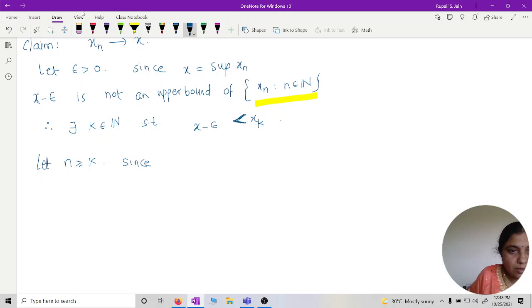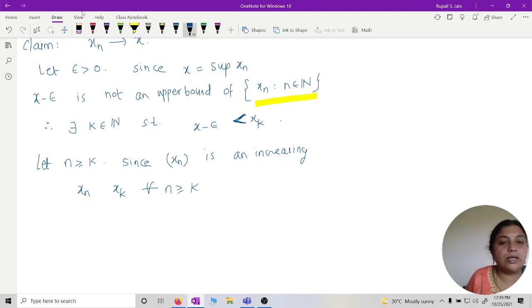Since xn is an increasing sequence, xn is greater than or equal to xk for all n greater than or equal to k.